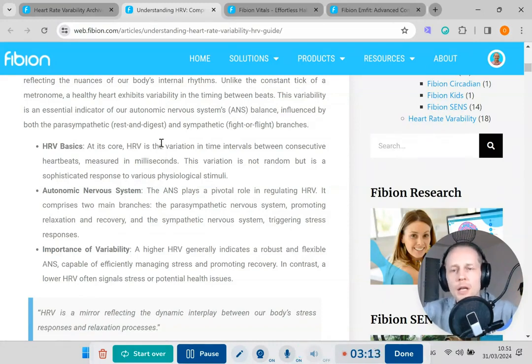The one is lowering the heart rate and increasing the variability, and the other one is increasing the heart rate and reducing the variability. And these two nervous systems are all the time acting on the heart, and interestingly, we can be measuring this with heart rate variability.